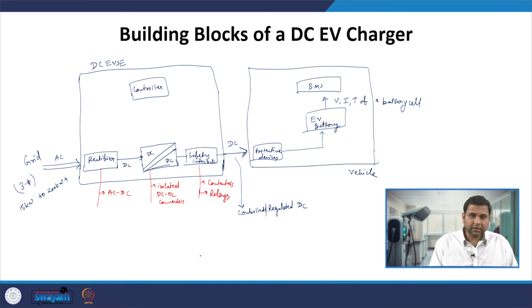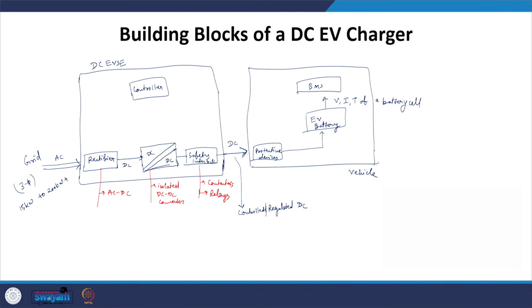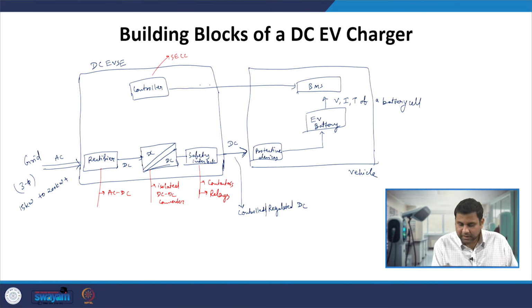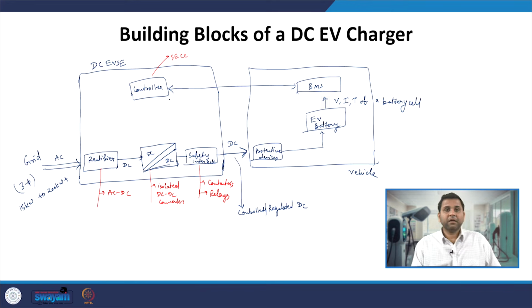Now this particular controller is also sometimes called the supply equipment communication controller. You can name this SECC, supply equipment communication controller. And so there is a dedicated communication channel between the BMS and the controller.